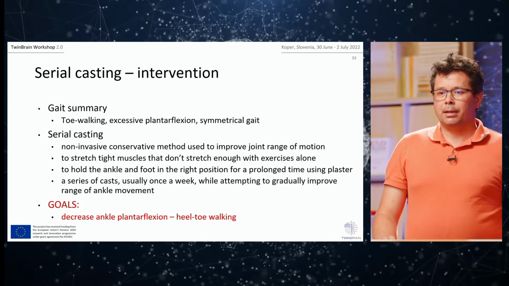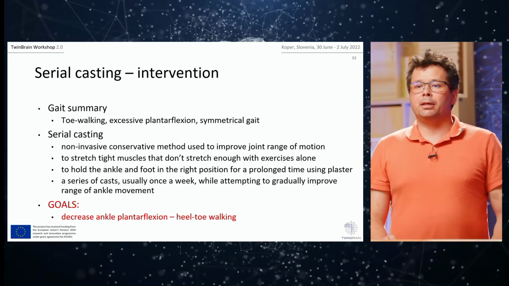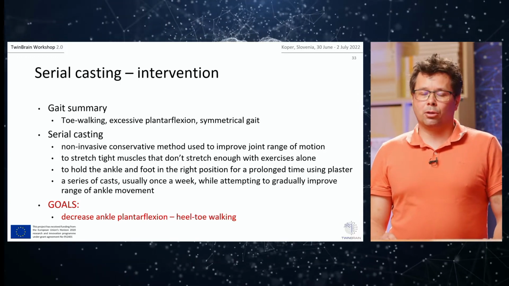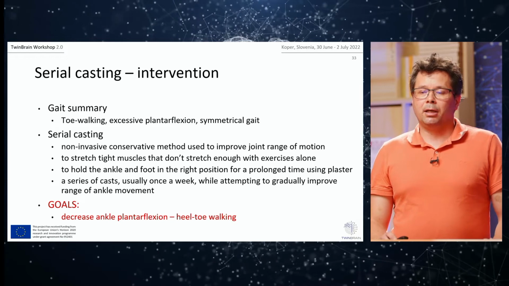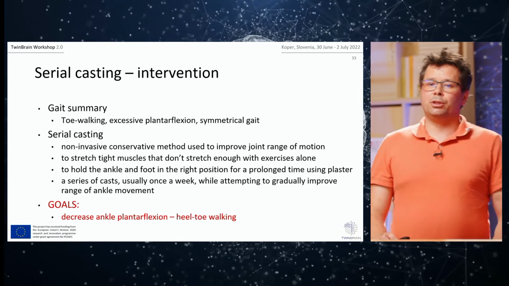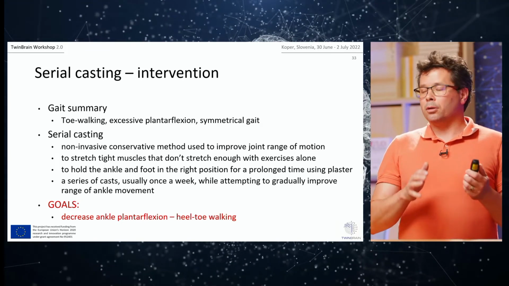It is used to stretch tight muscles that would otherwise not stretch enough solely with exercise, and plaster is used to hold the ankle joint and the foot in the right position for a longer period of time.